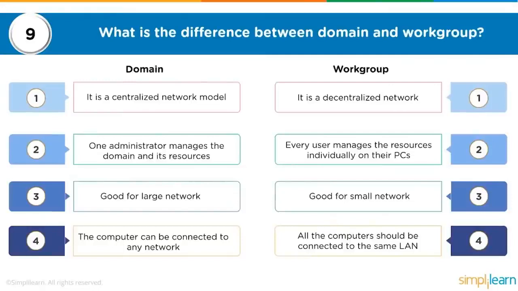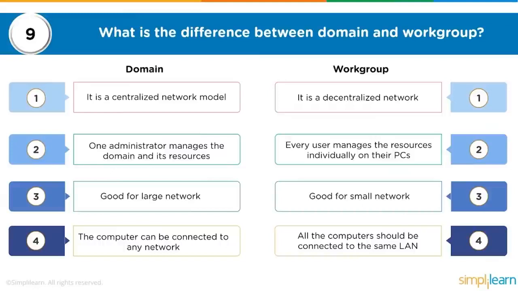Question 9. What is the difference between a domain and a work group? This can be a very interesting question and can be a very lengthy question at the same time. A work group is nothing but a decentralized network where you have interconnected multiple machines together, and each machine acts in its own individual capacity. Thinks of itself as a server, right? So a decentralized network, every user manages the resources individually on their PC.